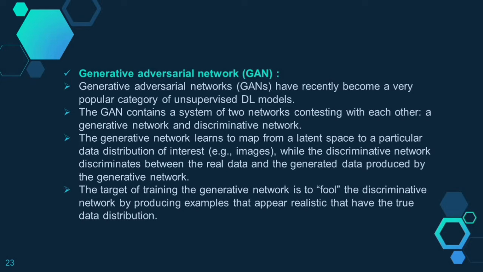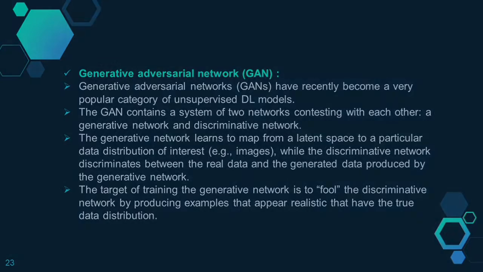First, the generative network learns to map from a latent space to a particular data distribution of interest, while the discriminative network discriminates between the real data and the generated data produced by the generative network. The target of training the generative network is to fool the discriminative network by producing examples that appear realistic, that have the true data distribution.